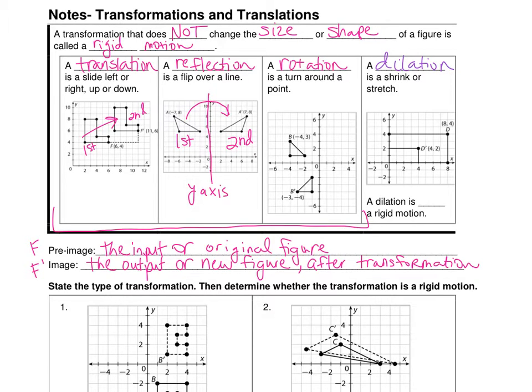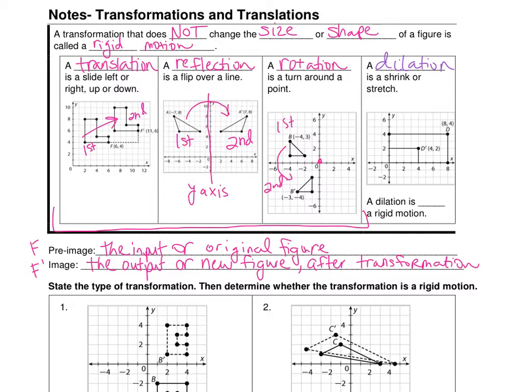A rotation turns about a point, and the points that we're going to turn it about are around 0, 0 for right now. And we can see that the first image, or the pre-image, is up here at the top, and the image, so the second figure, is at the bottom, and so it rotates it counterclockwise. And we're going to learn more about how many degrees it rotates it, but at least know that this is rotating it counterclockwise.